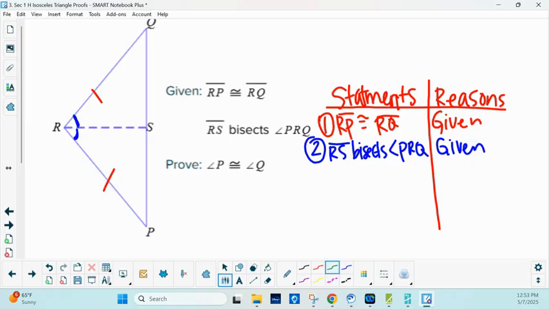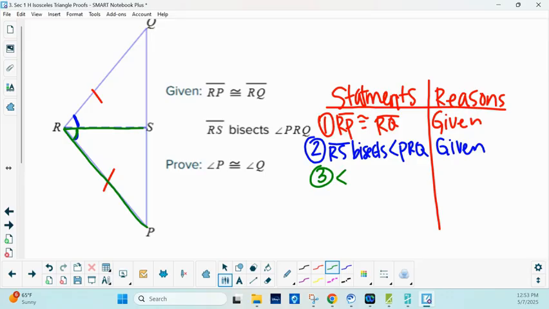So now we have to say the 2 angles it creates. So Madeline, tell me a name of the angle, one of them. Tell me one of the angles it makes. If we're naming this angle, you have to put the vertex in the middle. So you have to go from P, yeah, because this angle, you have to go from one side to the point.